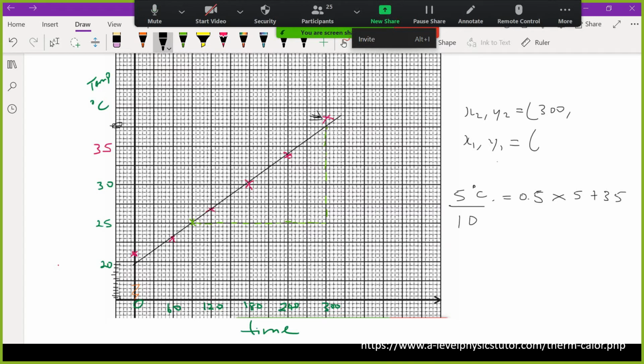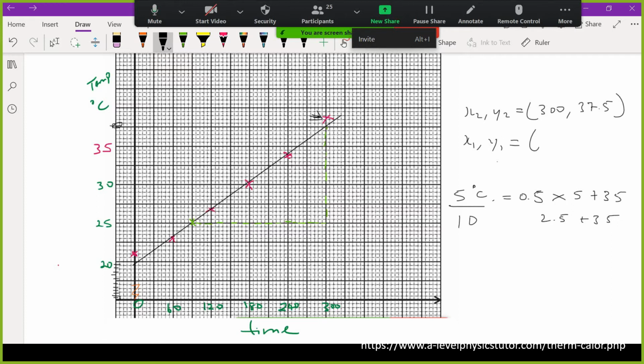When I times this, I get 2.5 plus 35. So at the end of the day, my y2 point is going to be 37.5. That's how I go about doing this.